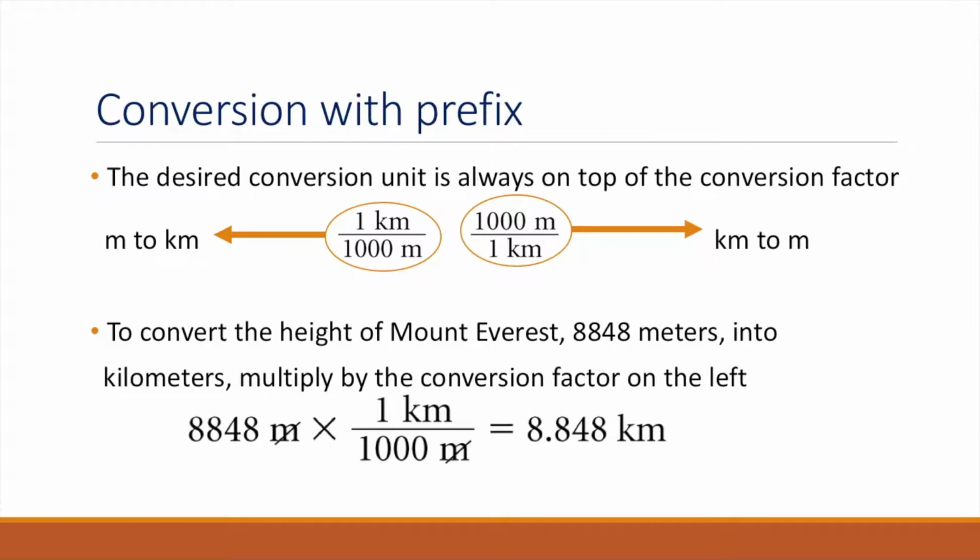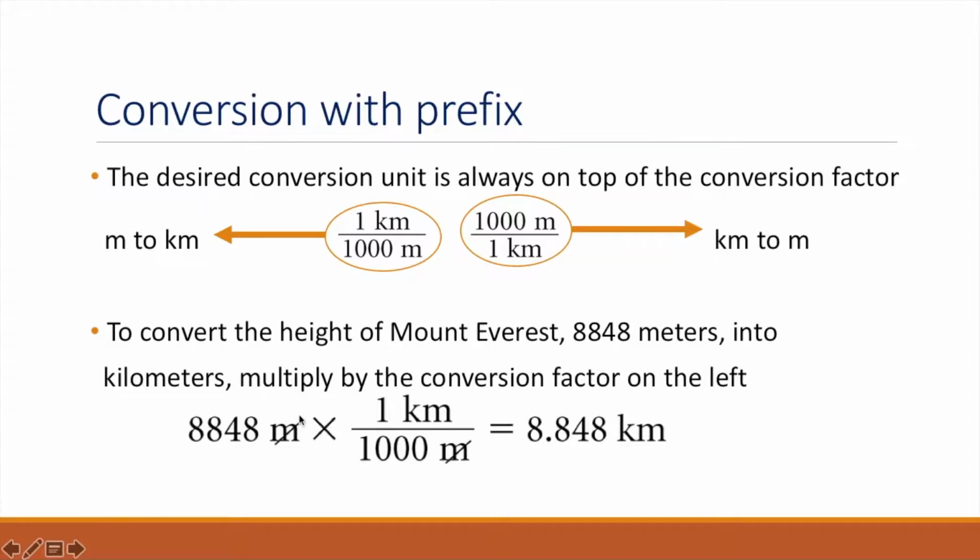Our next example is to convert the height of Mount Everest. We know that it's 8,848 meters, and we want to convert it into kilometers. We are going to multiply by the conversion factor on the left, which is this conversion factor here. So I start with what I know, 8,848 meters, multiplied by that conversion factor.